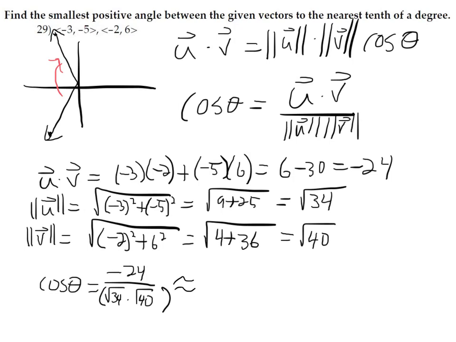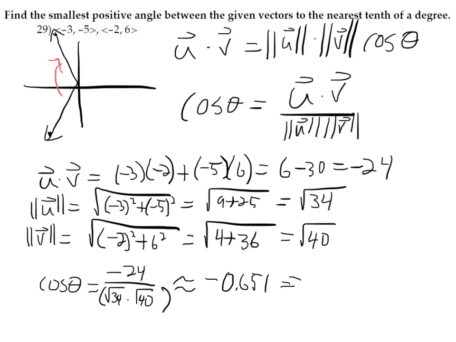Although I'm not going to use the approximation for the next step, I will write it down so you can check your work. So we have -24 divided by parenthesis the square root of 34 times, and this is in parentheses so I can use times, square root of 40. Get -0.651-ish.